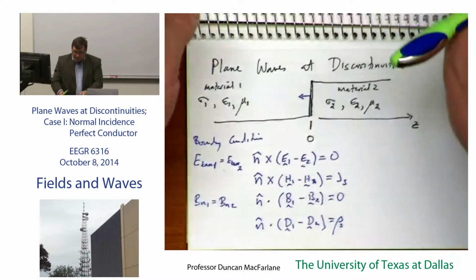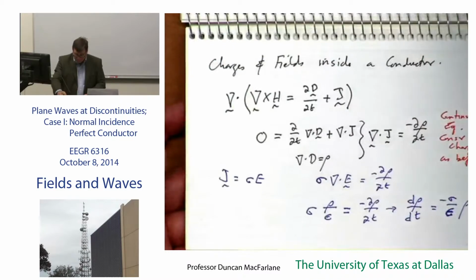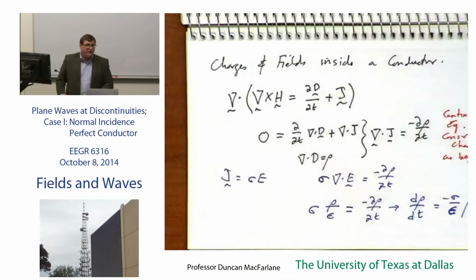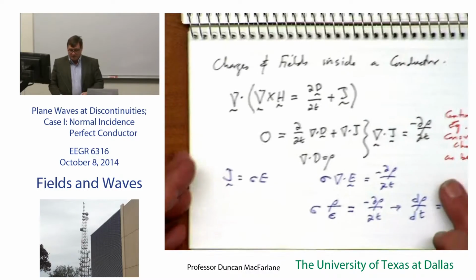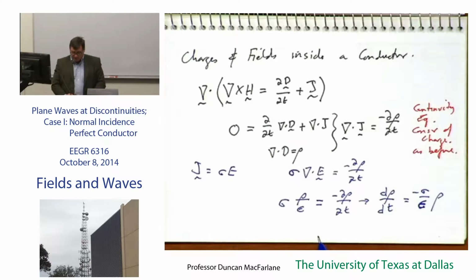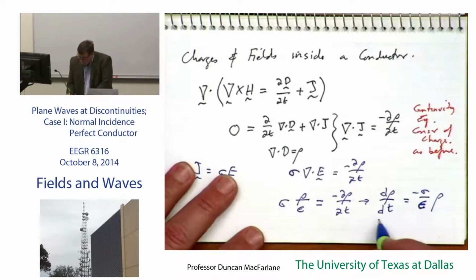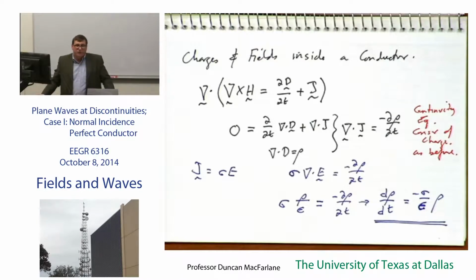Now, one thing I wanted to point out, remind you of what we did last time at the very end, was we looked at the charge in the field inside of a conductor. And so we worked with Maxwell's equations, and we derived, strangely enough, an ordinary differential equation in time for the charge distribution.